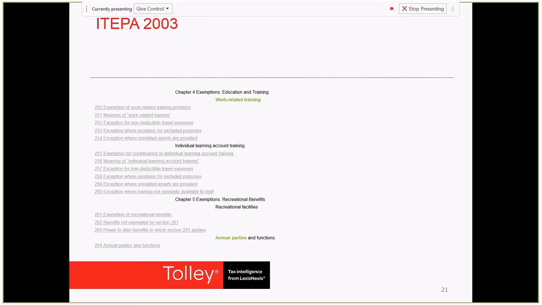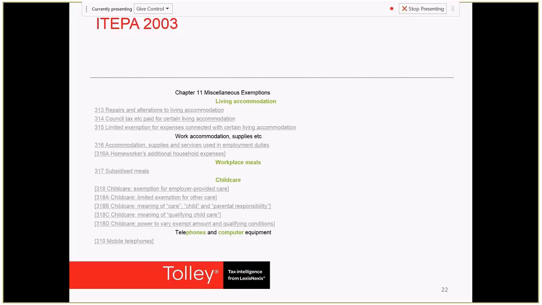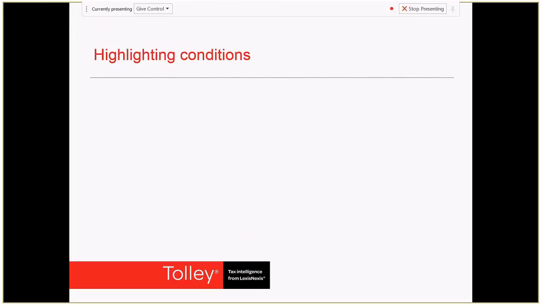Work-related training, parties, only up to a certain amount, yes, which is £150. So you can colour code the contents to become quite a memory jogger type experience for you if you think you're going to go blank.